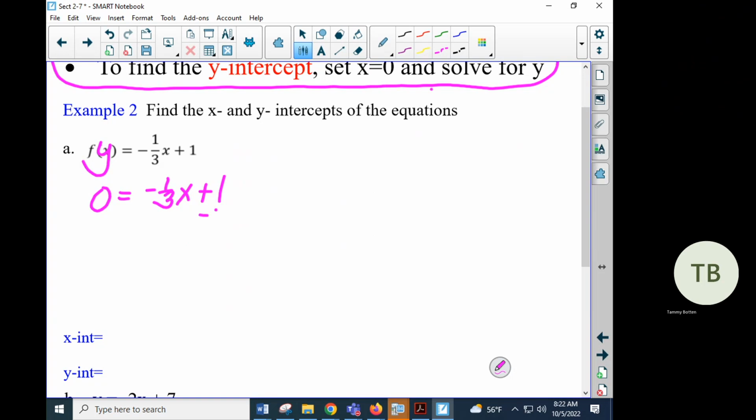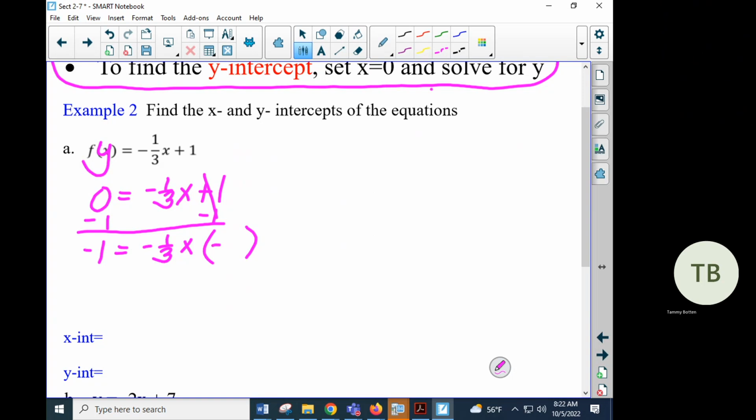So what we would do here is subtract 1, and we would get -1 equals -1/3 x. Okay. Now we have to get rid of that -1/3. And I don't know if you guys remember this from early on in algebra, but to get rid of a fraction in front of x, do you remember how you could multiply by its reciprocal? So you could take -1/3, and it's not the negative reciprocal, it's just the reciprocal.